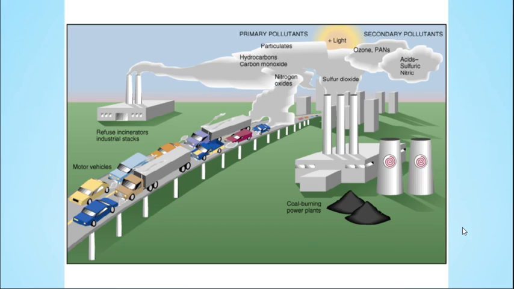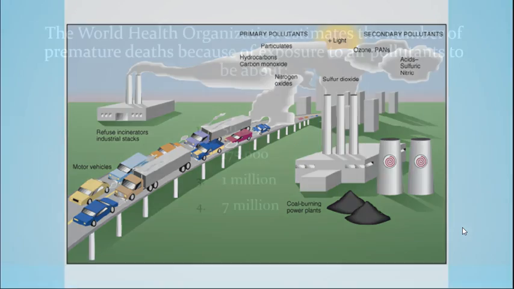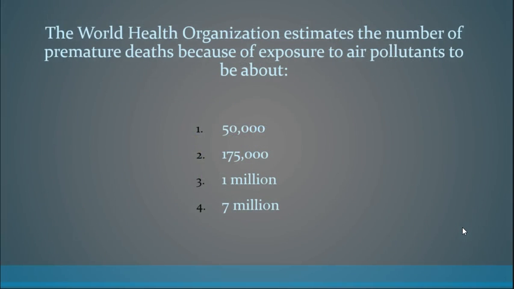Combustion engines, could be from burning coal or oil or natural gas, whatever. It's a real problem, and the World Health Organization estimates the number of premature deaths because of exposure to air pollutants to be about 50,000, 175,000, a million, or 7 million. Globally, we lose about 7 million people prematurely because of air pollution.